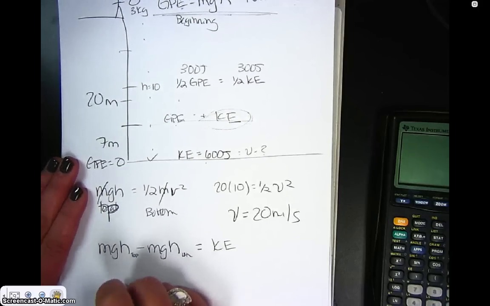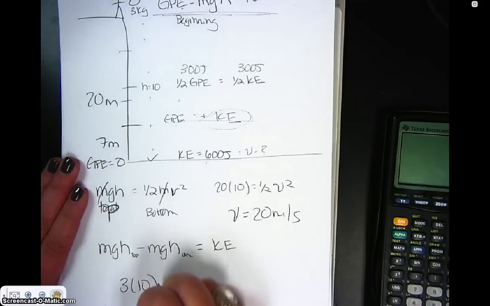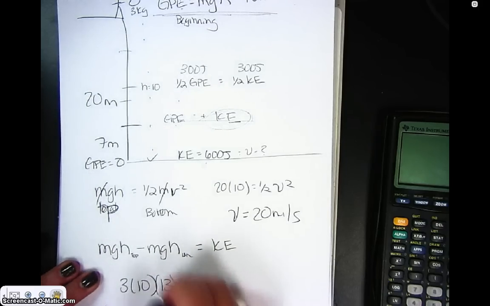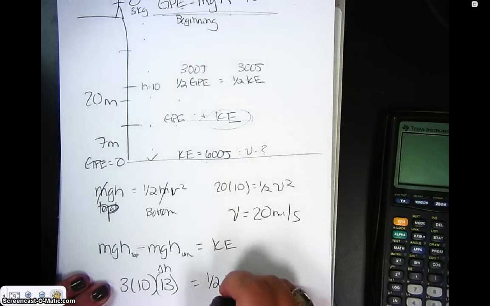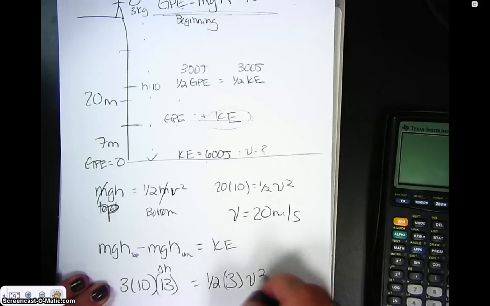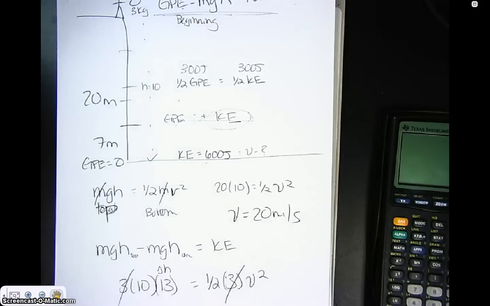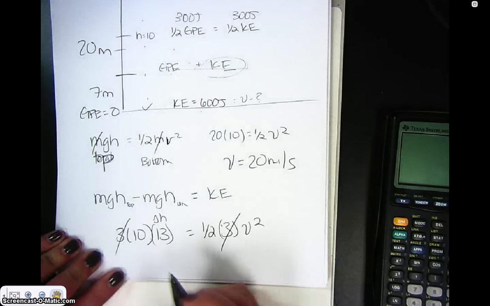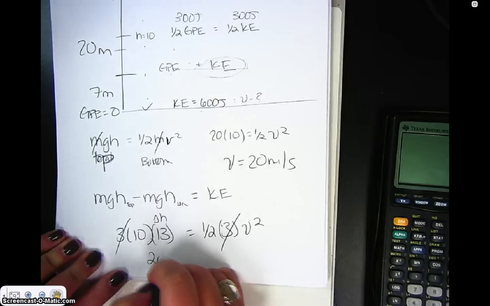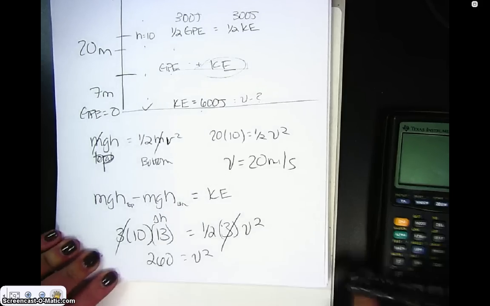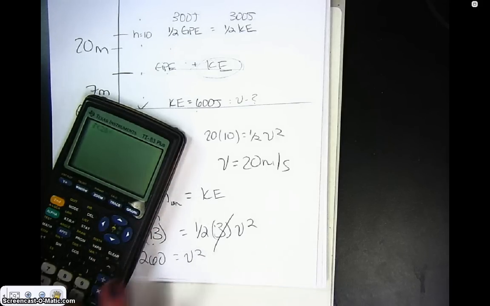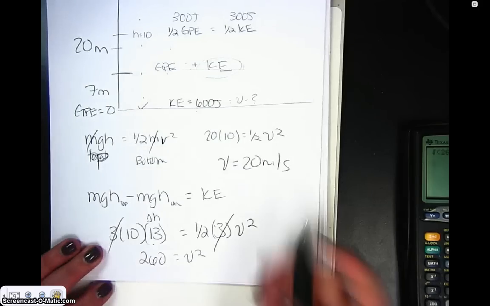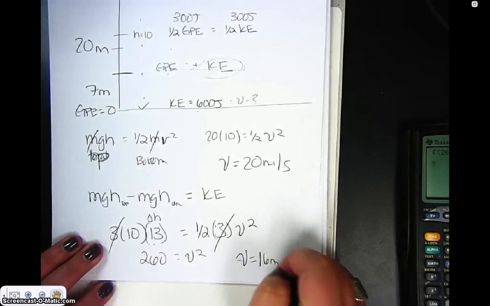So I'm just going to do mass, which is 3, times 10 times 13, which is my change in height. It's got to be equal to 1/2 mass, which is 3, times v squared. And again, the masses actually cancel out. But I could then just solve, and I have 130 equals 1/2 v squared. So the square root of 260, whatever that happens to be, is the velocity. Let's just plug it in and see. So about 16 meters per second is how fast the object is going there.